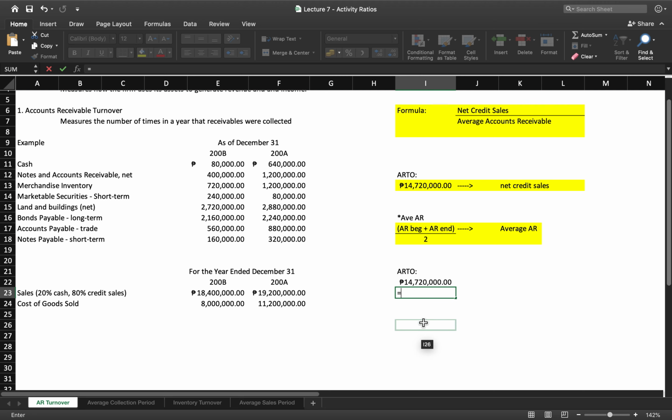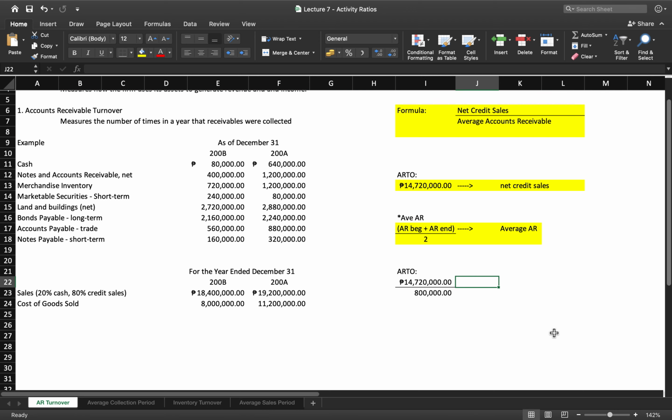Again, average accounts receivable is accounts receivable beginning plus accounts receivable ending divided by 2, and that is 800,000. Okay, so we have now completed the given.